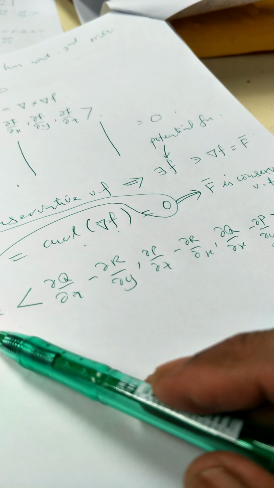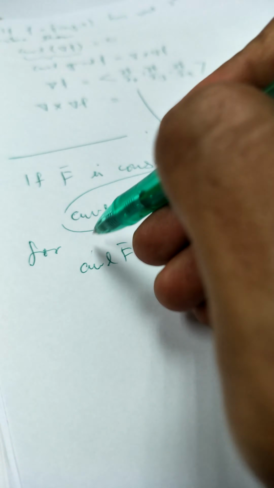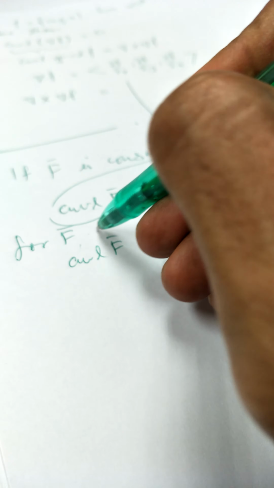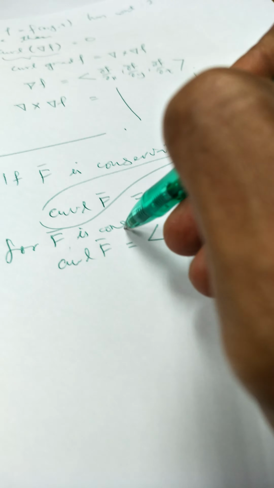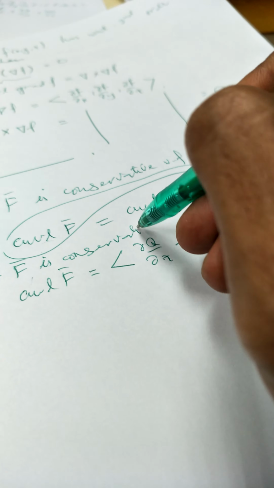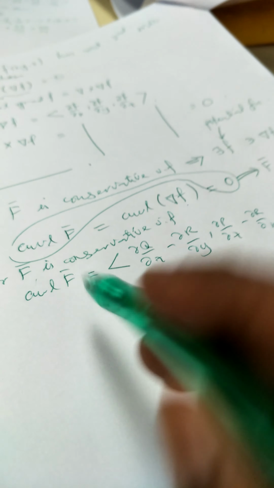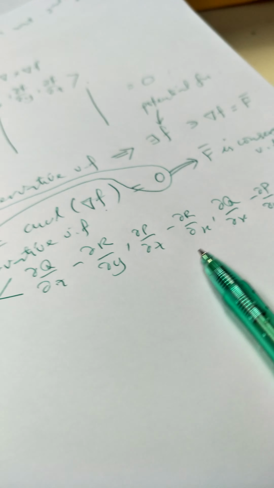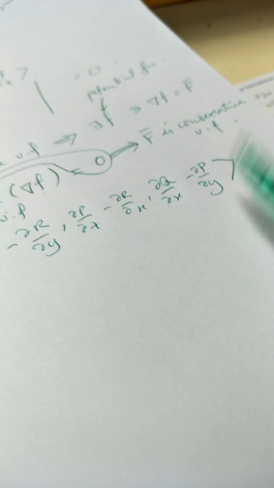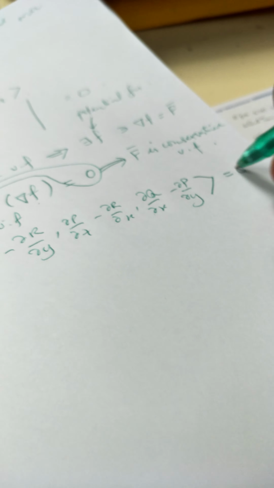This is for F conservative. That is the definition of curl F, and it equals 0.